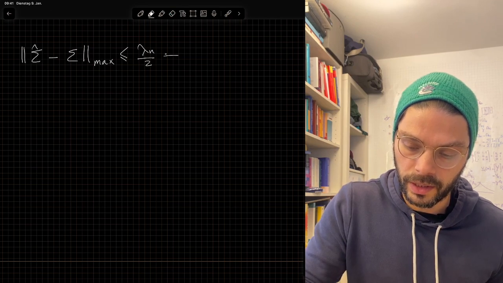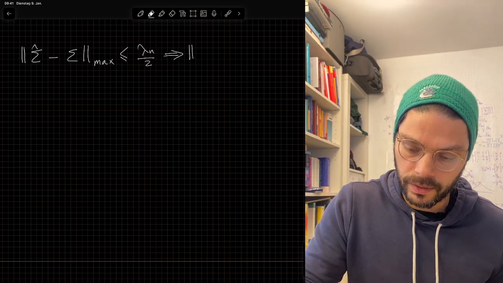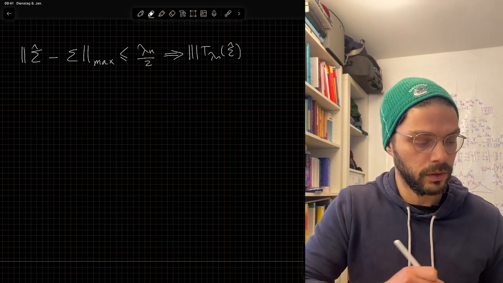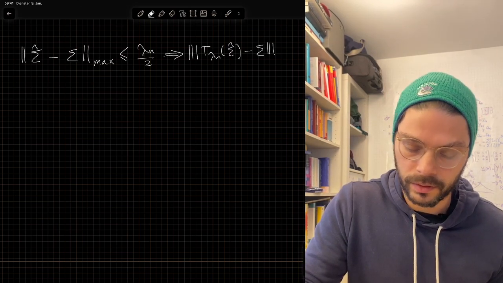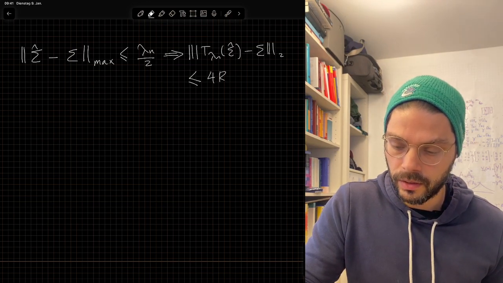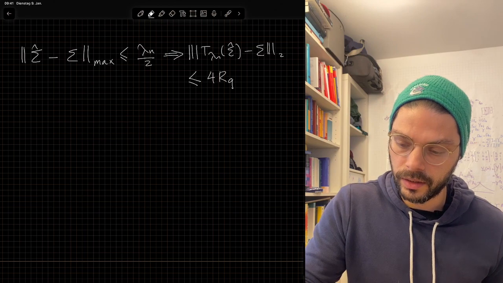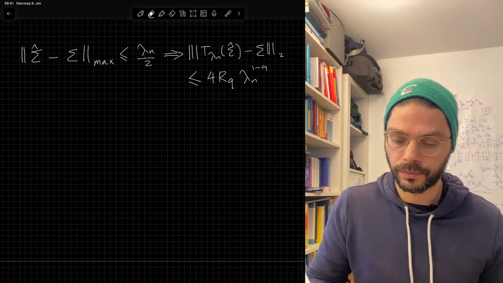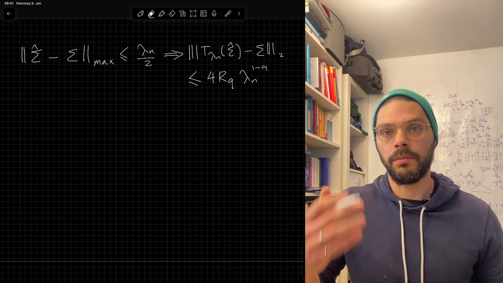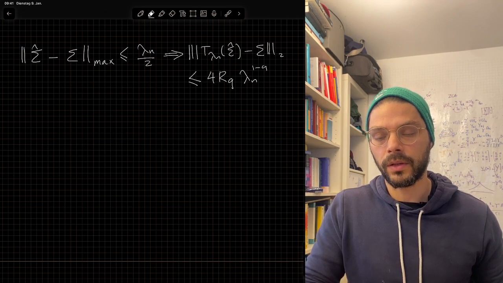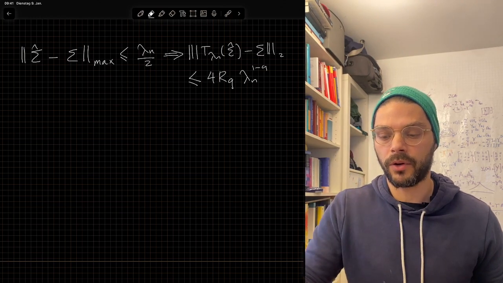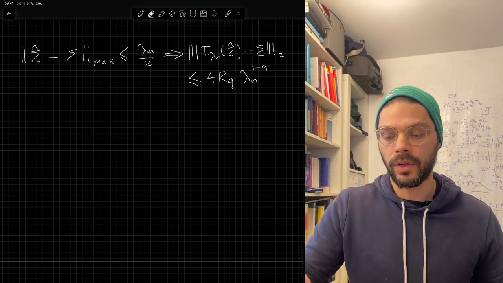It implies that the operator norm of this thresholded covariance difference is less than or equal to 4 times RQ, and we'll say what RQ is in a second, times 1 minus Q. So the whole point here is that as long as the maximum element-wise difference is less than lambda n over 2, we want to say the operator norm of a thresholded difference is bounded in this way.